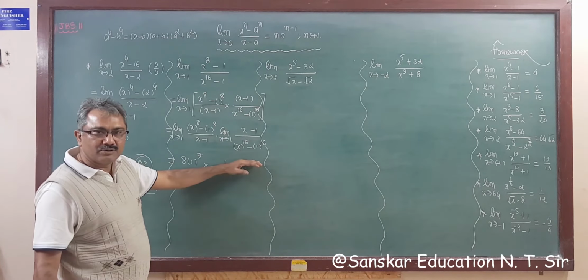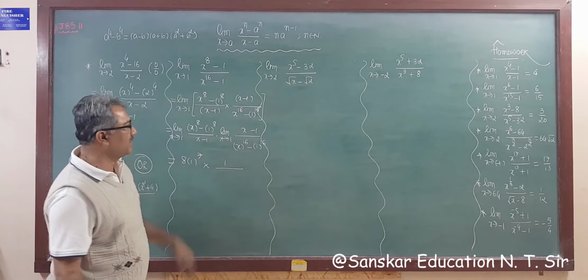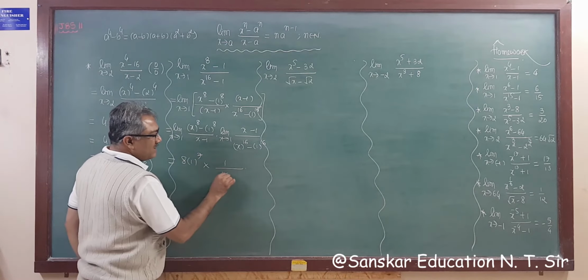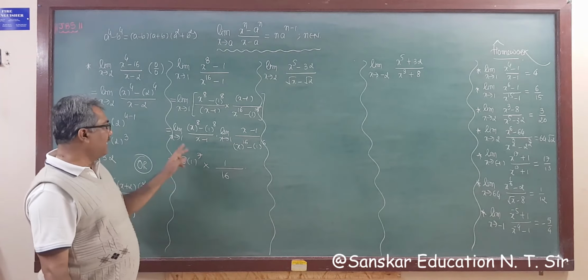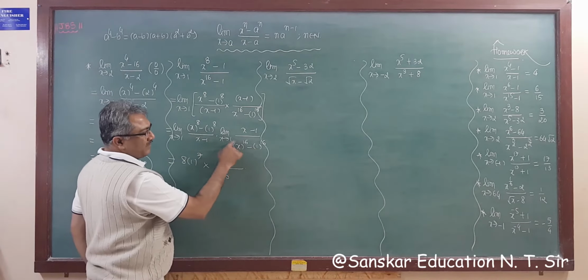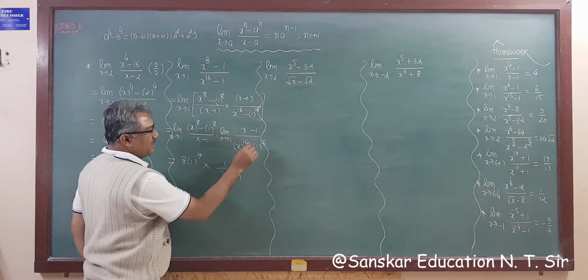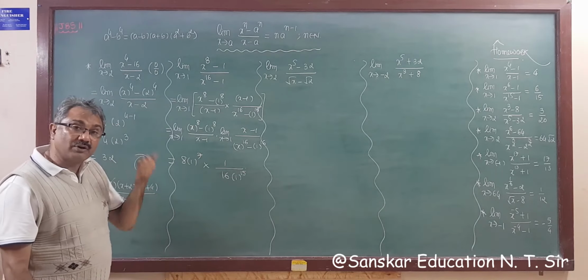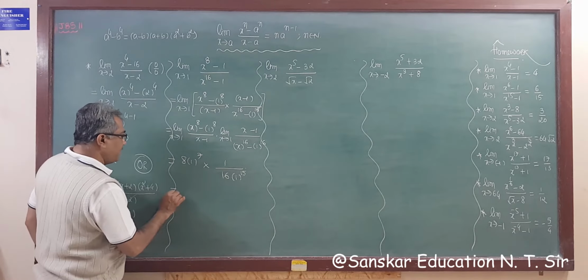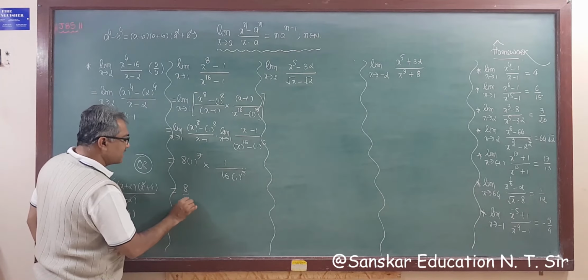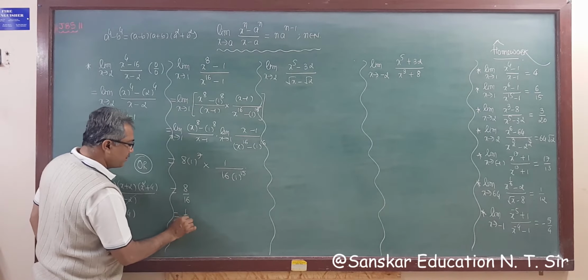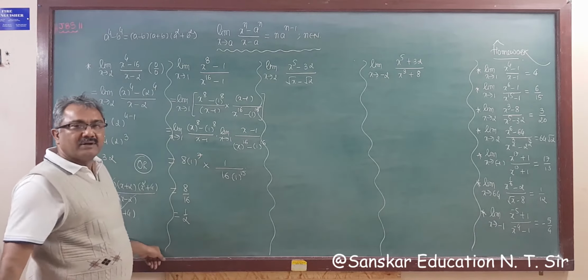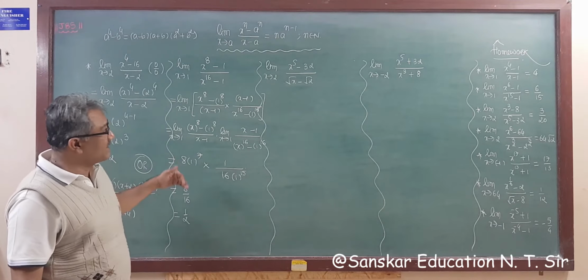So the answer will be n, 16, a is 1, so 1 raised to the power 15. 1 raised to any power is always 1, so the answer will be 8 by 16, that is 1 upon 2. I hope you understand this.